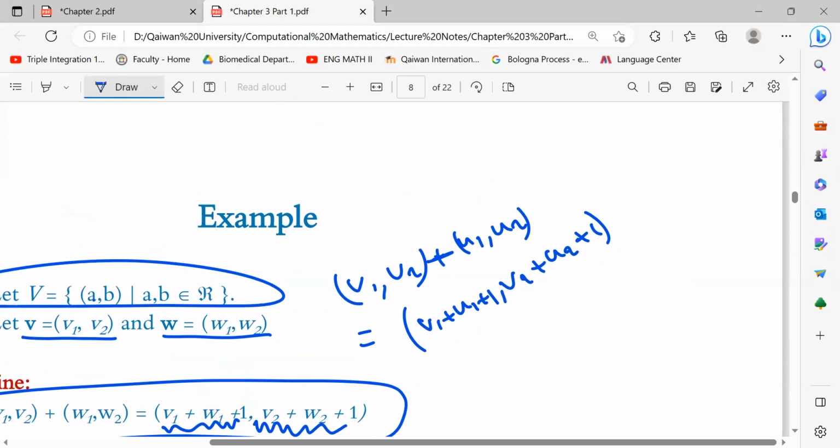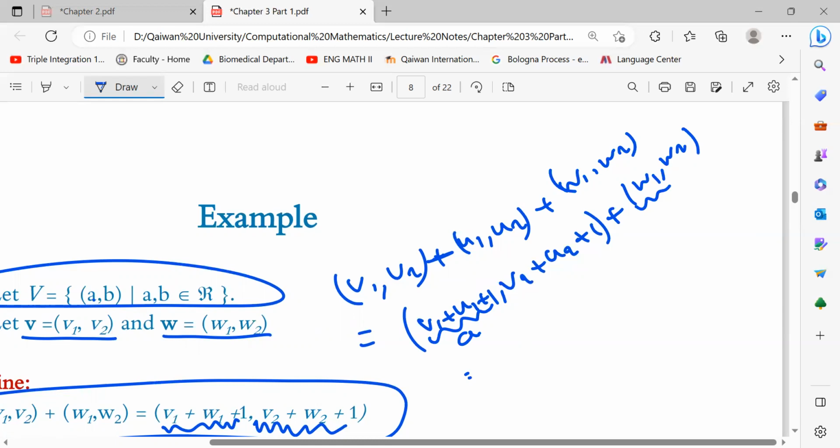Now, what if we add another vector to this one? Plus, let's say W. What do we get? This is the first component, and this is the first component. We say it is this component, let's say A, plus this one, W1, plus 1. The sum of two vectors is always the same based on this definition: first component plus first component plus 1, comma, second component plus second component plus 1.